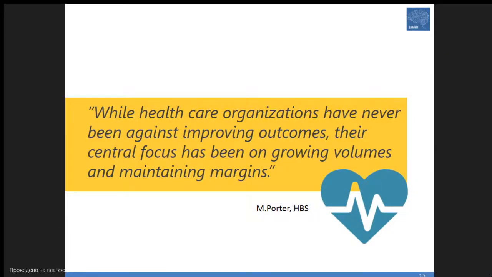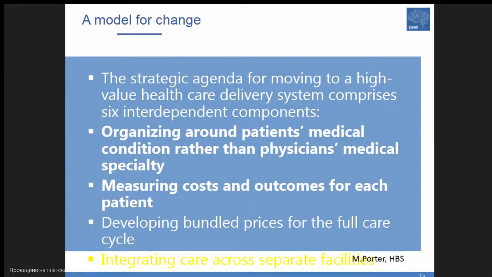And this is a great citation of Michael Porter from HBS, who said that while healthcare organizations have never been against improving outcomes, the essential focus has been on growing volumes and maintaining margins. So the current trend is to measure outcomes, to measure quality, and PACS, as much as other clinical information systems, should allow measuring outcomes and quality.